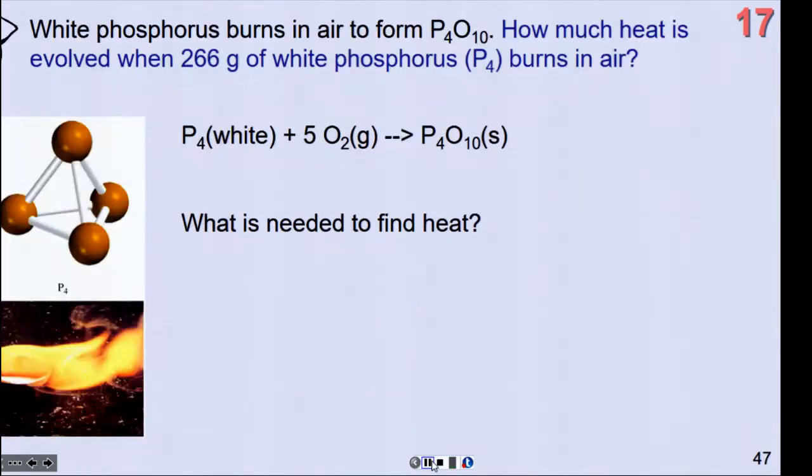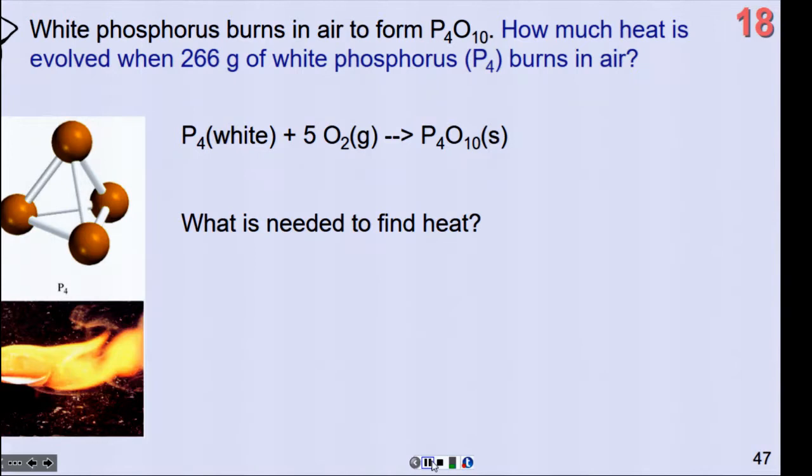So let's do a couple more examples. The more examples, the better. White phosphorus, P4, is just called white phosphorus for our purposes. It burns in air and makes P4O10, tetraphosphorus decaoxide. We're going to try to determine how much heat is evolved if you've got, pick a number, 266 grams of white phosphorus, P4, burning in air.